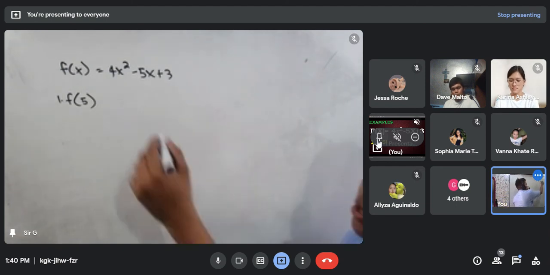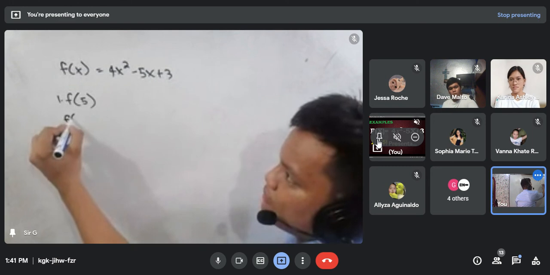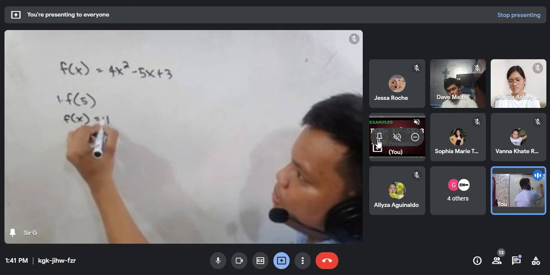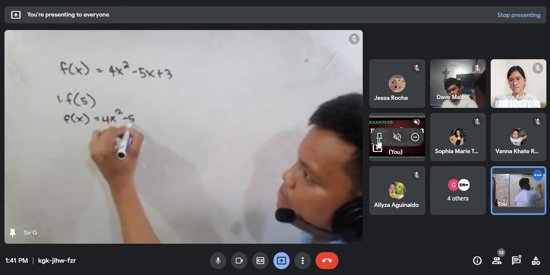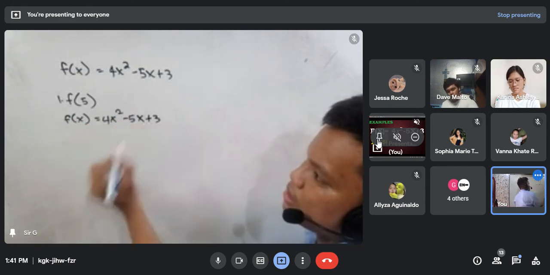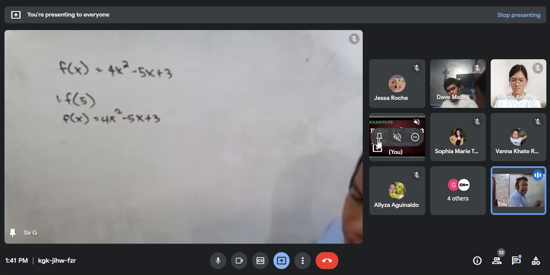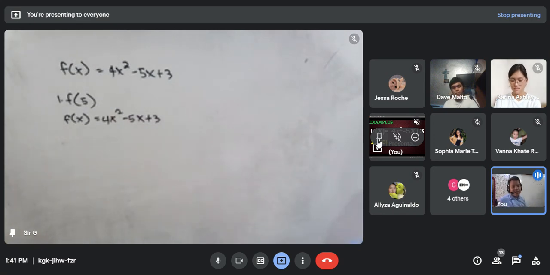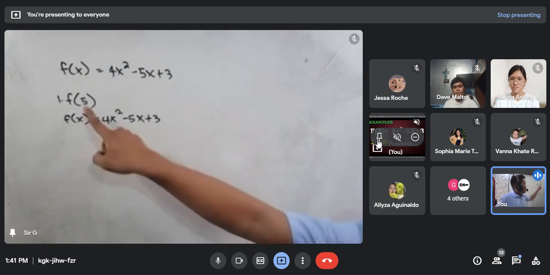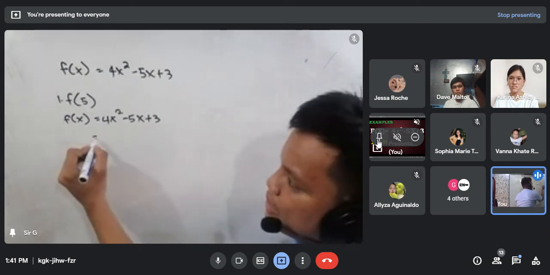Okay, paano po yun? F of x is equal to 4x squared minus 5x plus 3. So, if our f of 5, kumbaga ang x natin dyan is 5. So, ano pong gagawin natin dito? Lahat ng x, papalitan po natin ng 5. Ganun po. Since 5 to, lahat ng x dito, papalitan natin ng 5.